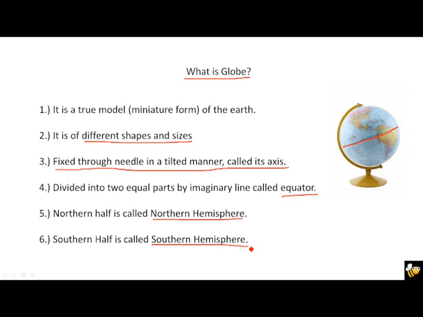Some other characteristics include that it has a needle in a tilted manner, which is called its axis. It shows that the Earth is divided into two equal imaginary parts by an imaginary line known as the equator. The northern half is known as the Northern Hemisphere, and the southern half is known as the Southern Hemisphere. Okay.